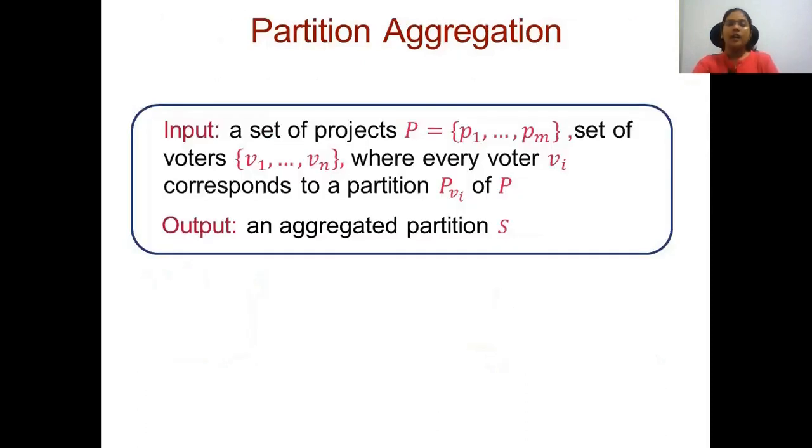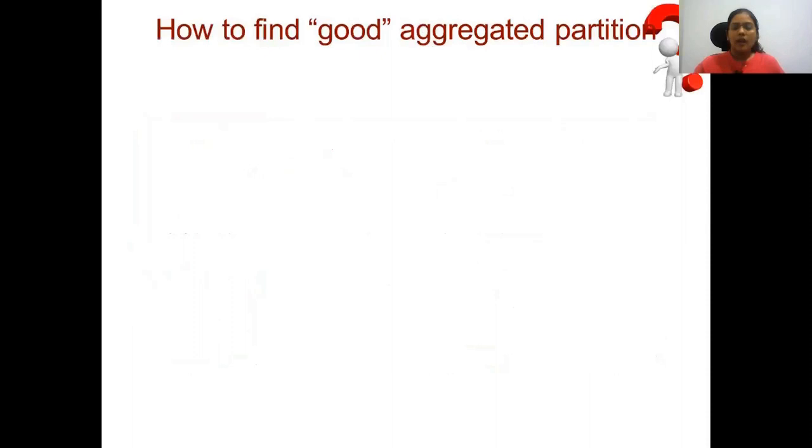Formally, we are given a set of projects and a set of voters, where every voter corresponds to a partition of projects. And we want to find an aggregated partition S. Now the question is, how do we find a good aggregated partition? Here we try to adapt the idea of multi-winner election rules, where we want to maximize the satisfaction of the voters.